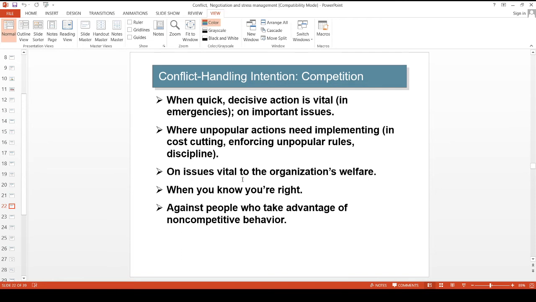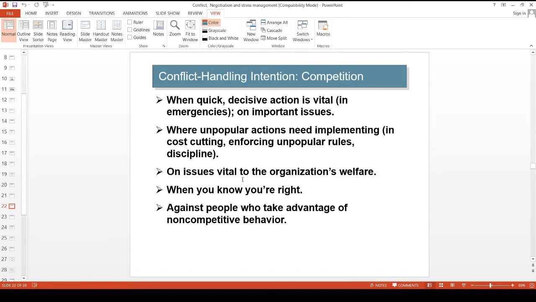Now we discussed the different approaches which we can use in the conflict process, of which the first one was competition. So let's discuss the situations in which we use the competing approach. So let's discuss the conflict handling intention, that is competition.